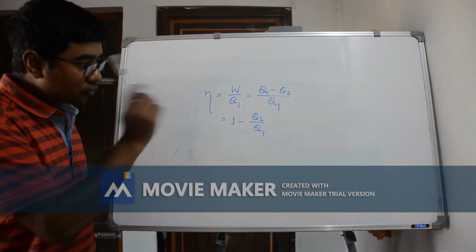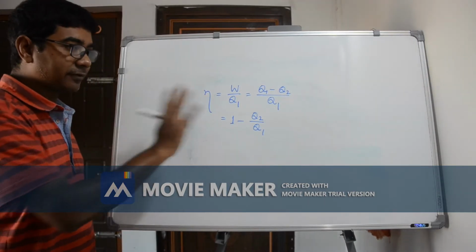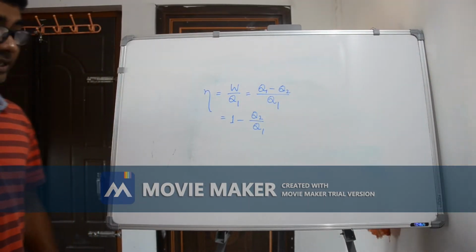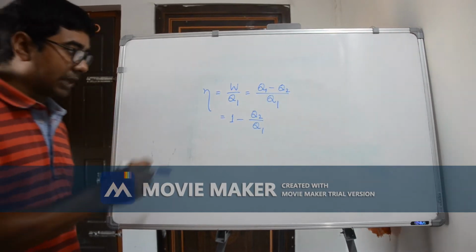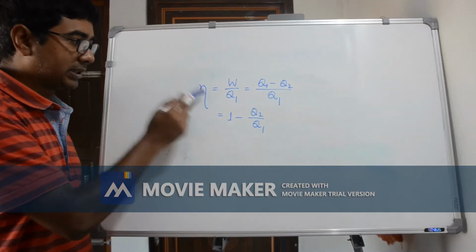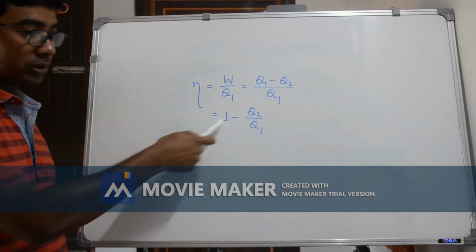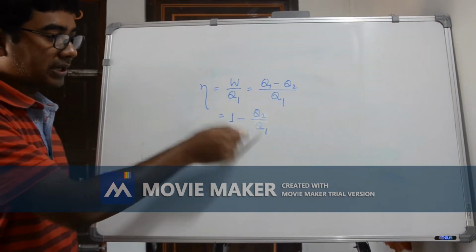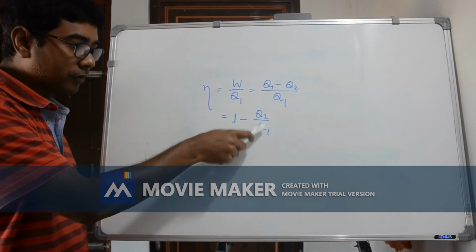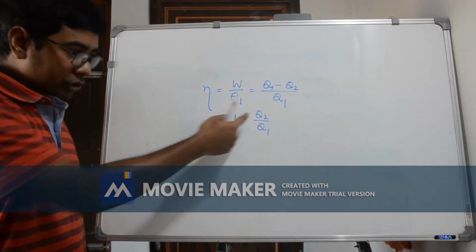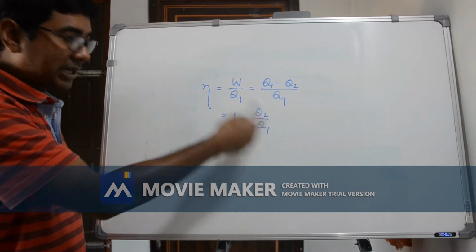This formula clearly tells us a few things about the heat engine. Number one, the maximum value this eta can achieve is 1. It can't be more than 1, because the magnitudes of Q2 and Q1 are positive. They can't be negative or something else.